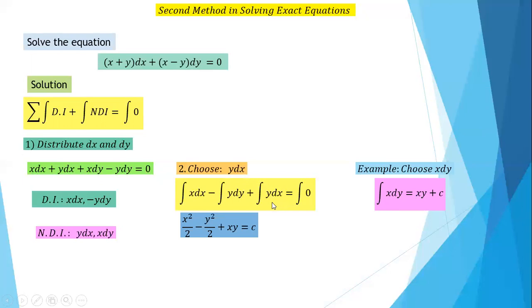Here, if we integrate y dx, then y is constant. The integral of dx is x, so we still have xy. So simplifying the equation, we have x squared minus y squared plus 2xy equals 2c, or equal to c. Then we have x squared plus 2xy minus y squared equals c.